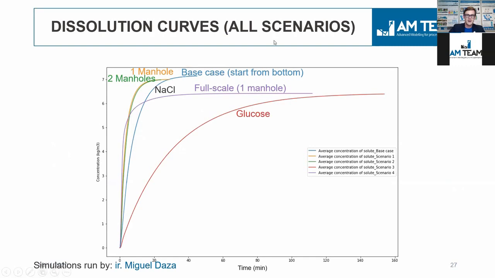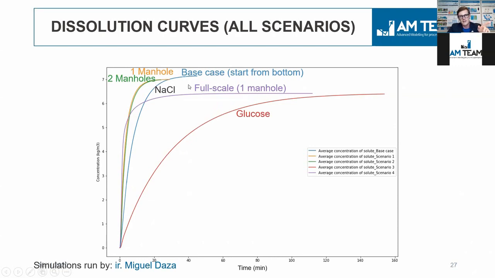So let's look at all these scenarios together. The biggest difference, as we can expect, is between glucose and sodium chloride. You can see that glucose takes much longer to completely dissolve compared to sodium chloride. But if we look into the sodium chloride scenarios, you can see that there is quite a difference between the full scale, 1,000-liter scale in this case, and the smaller 50-liter scale, which are the other 3 curves.